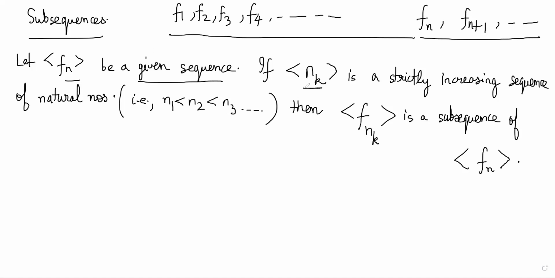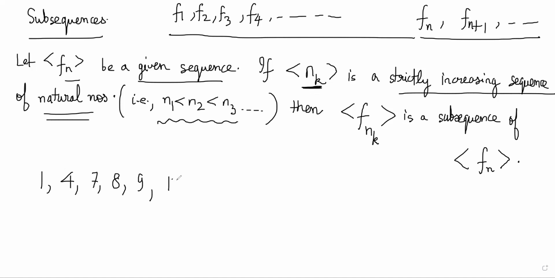Now, Nk is a new sequence and it's a strictly increasing sequence of natural numbers. So Nk could stand for 1, 4, 7, 8, 9, 13, whatever. This could be your Nk as long as it is strictly increasing, right?